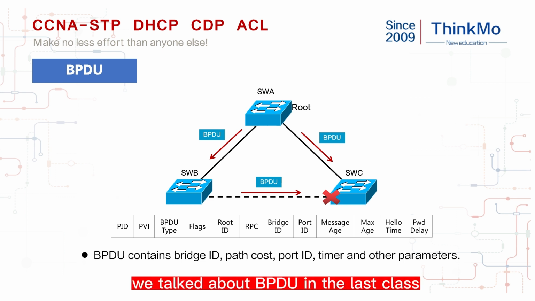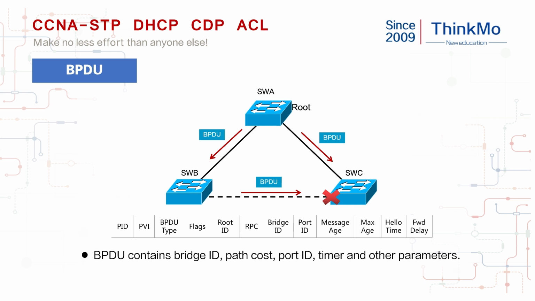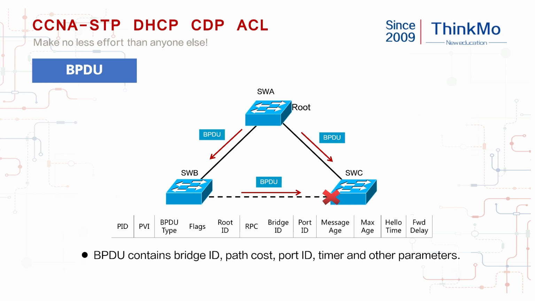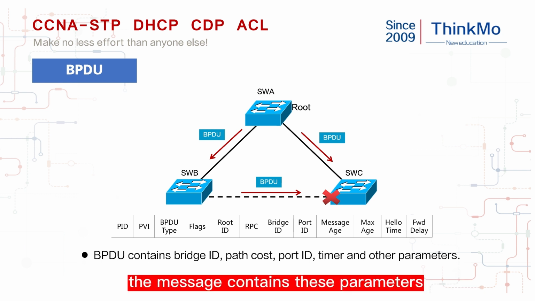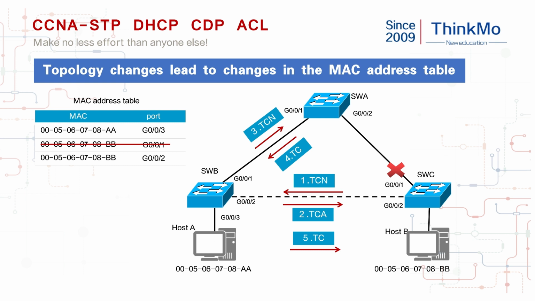We talked about BPDU in the last class. In the STP of our NA stage study, there are two types of BPDU messages. One is the configuration BPDU. What is written in the PPT now is the configuration BPDU. The message contains these parameters. There is another type of BPDU called TCN BPDU.